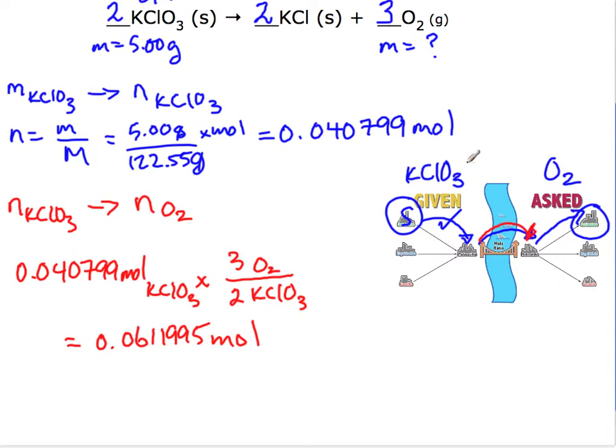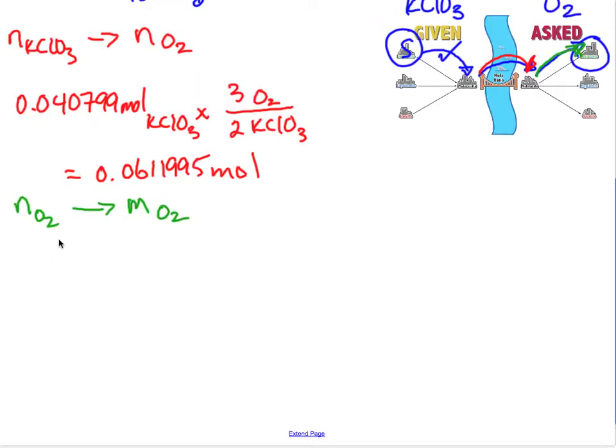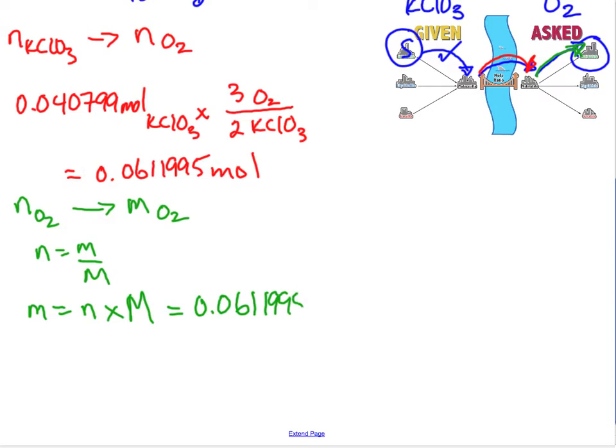The last step is to go from moles of oxygen up to mass of oxygen. Again, my formula is moles equals mass over molar mass, but I need to revise it because I'm searching for mass. So the revised formula is mass equals moles times molar mass. The moles we just found, 0.0611995, etc., multiplied by the molar mass of O2.